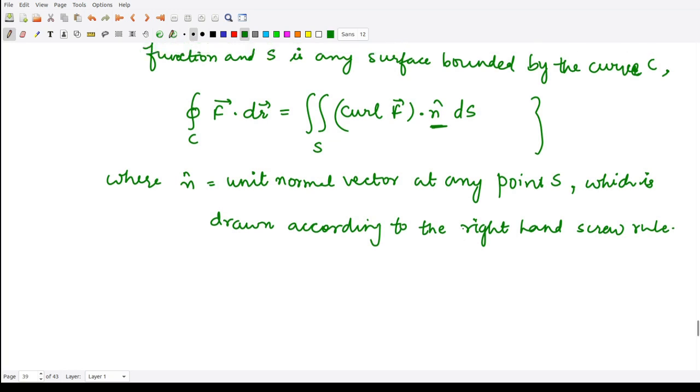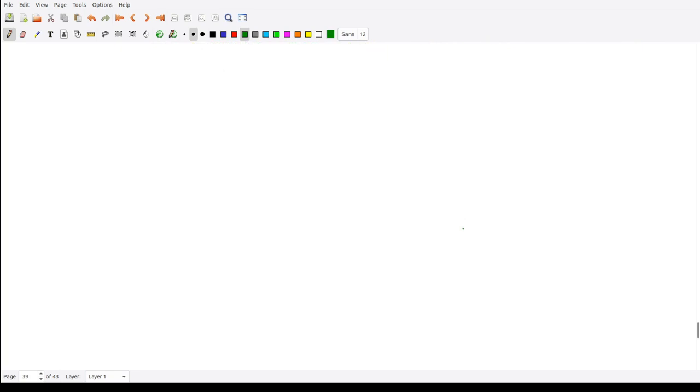So let's see a question which gives you an insight about this theorem.